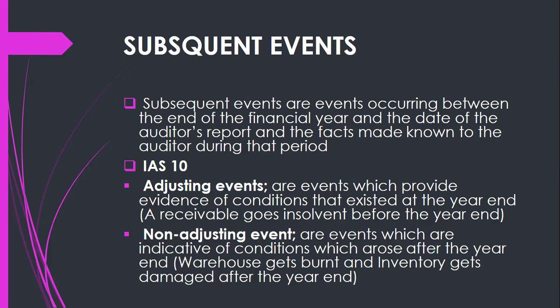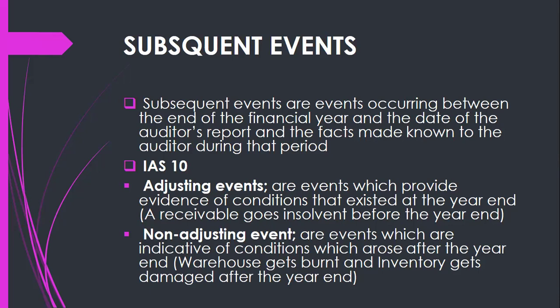So what are subsequent events? Subsequent events are events occurring between the end of the financial year and the date of the auditor's report and the facts made known to the auditor during that period. So subsequent events are all those events that occur after the end of the financial year.